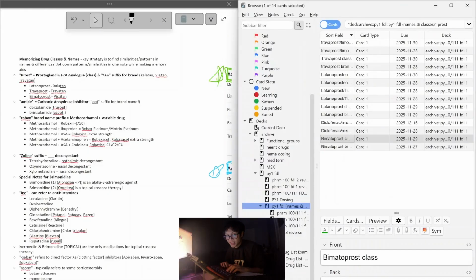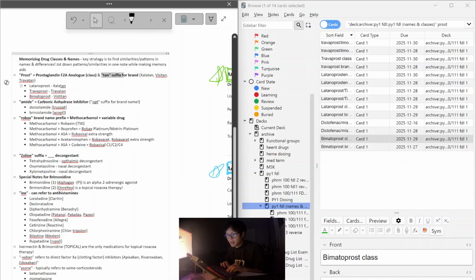Some examples, as I have mentioned, of where I recognize patterns in drug names, whether it's brand or generic, are shown here on my left side. If we look at prostaglandin F2 alpha analogs, we can see a bit of a naming pattern here where tan is the suffix.